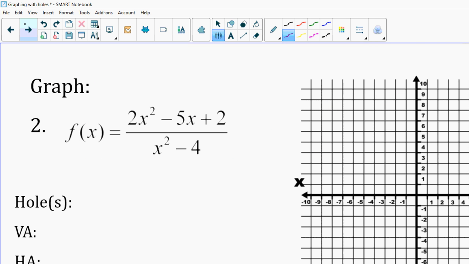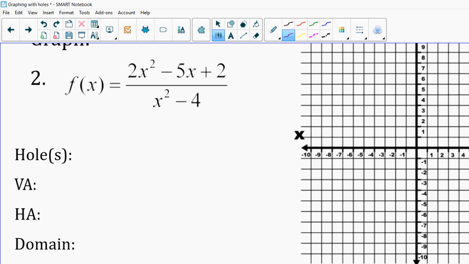Okay, now you got the idea. Now let's give this one a whirl. How many of them are there? 4? We won't do 4. We'll get 3 of them. Now, so when you are graphing a rational function, the first thing you're going to do is see if that thing will factor. Will it factor? We're sure going to try.